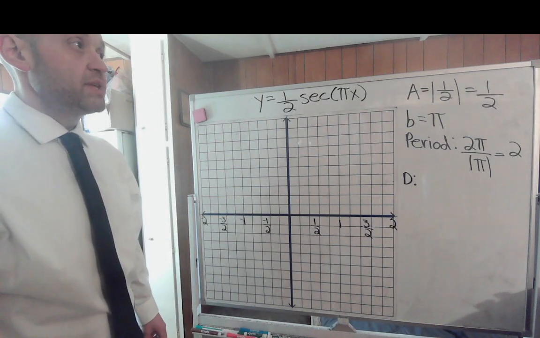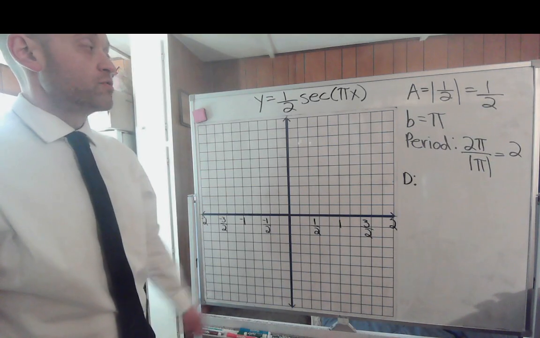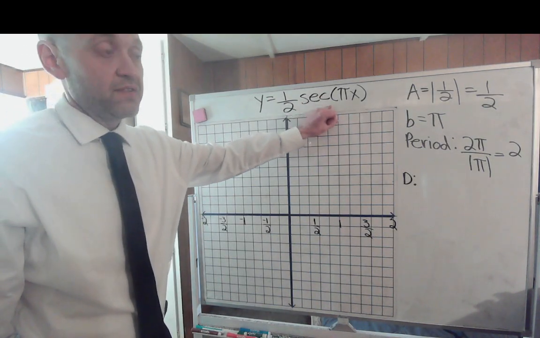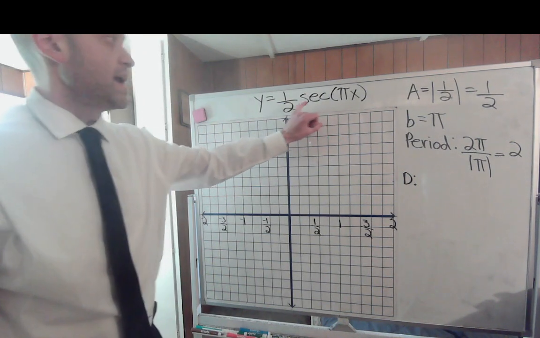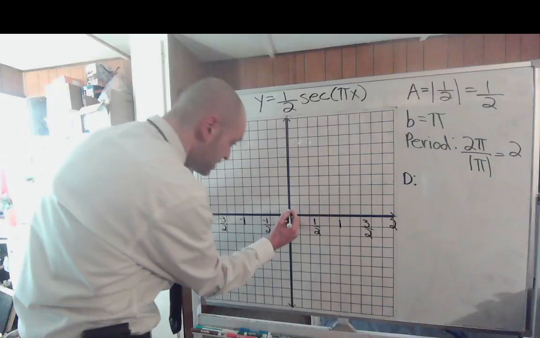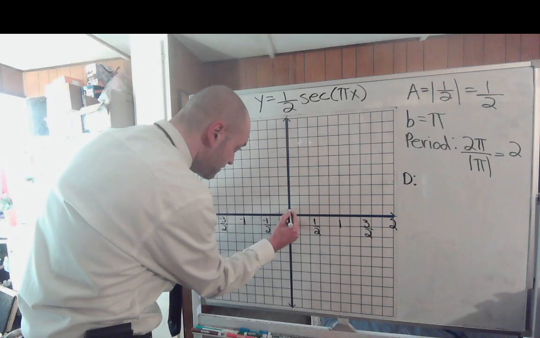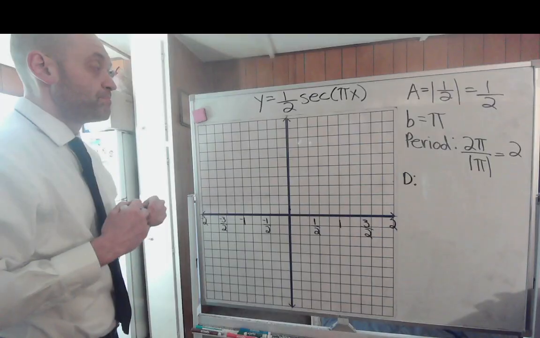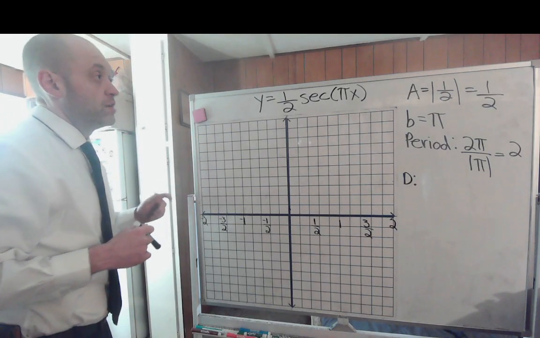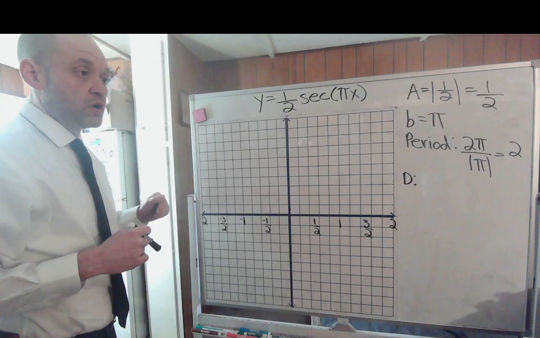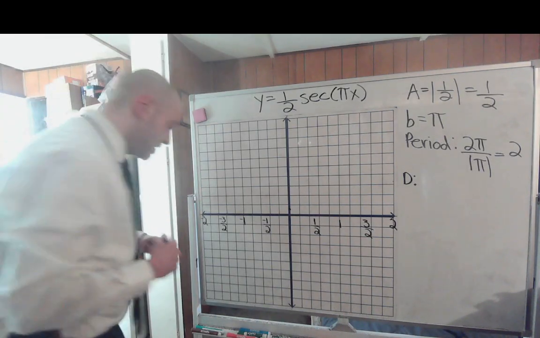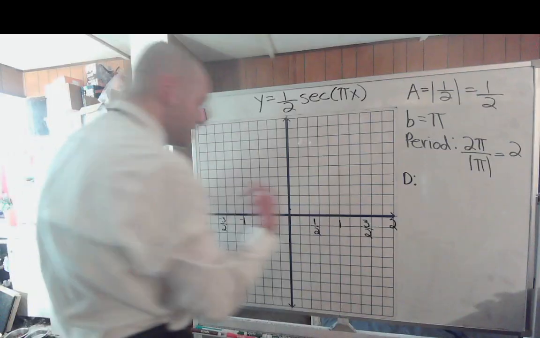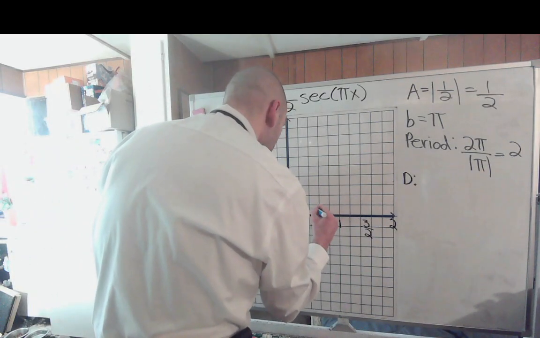You're going to get the secant of 0, which is 1. Half of 1 is half, so you'll be at 1/2. Now if I put in 1/2 for x, I get the secant of pi over 2, which is undefined. So I'm going to have a vertical asymptote at 1/2.